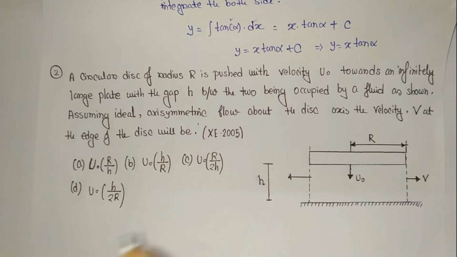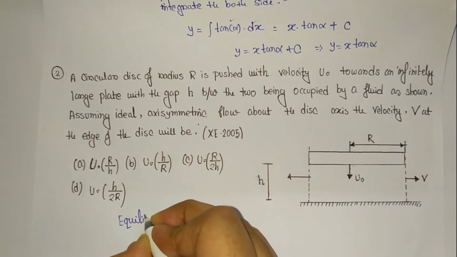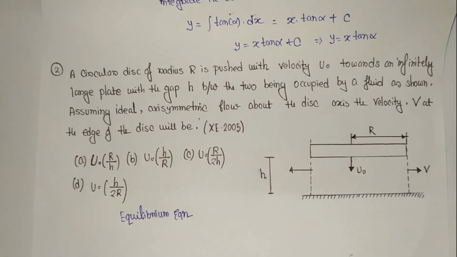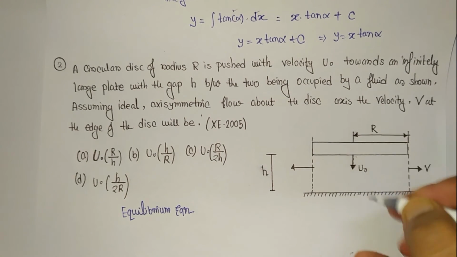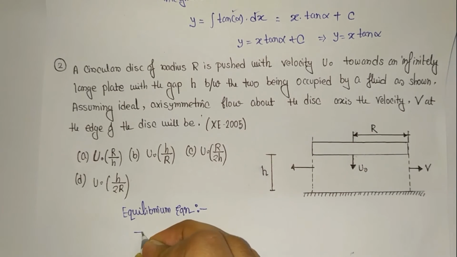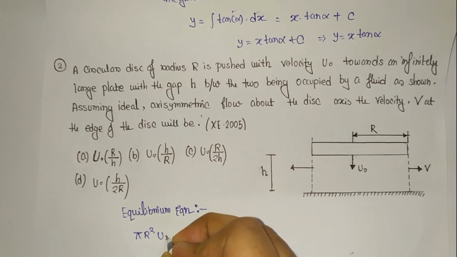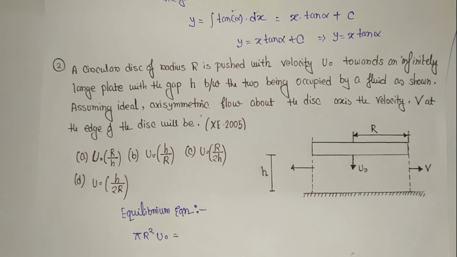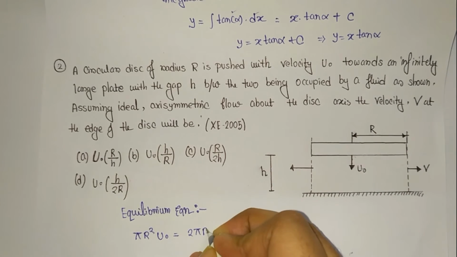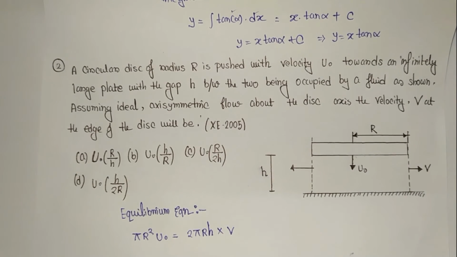Now how do we write the equilibrium equation? The flow is generated in the y direction. We can write the area of the plate, pi r square, into velocity u naught. And we can also write the area of this portion, that is 2 pi r into height h, into velocity v.